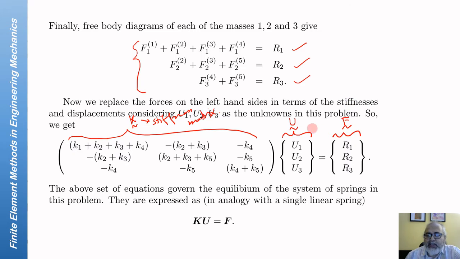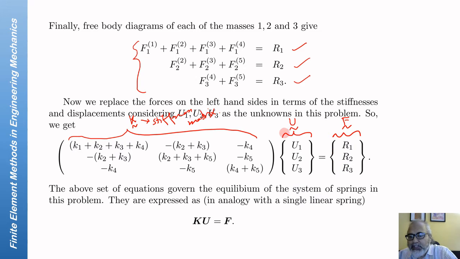Now, obviously, if you have applied a set of forces on this spring mass system, R1, R2, R3 are known, and then you just invert this, you just do K inverse F to get the displacements. If you know all three displacements on the three masses, you multiply this matrix and get the forces.